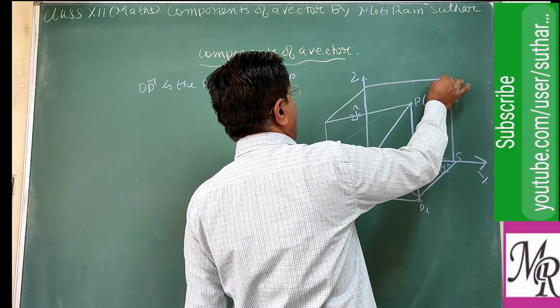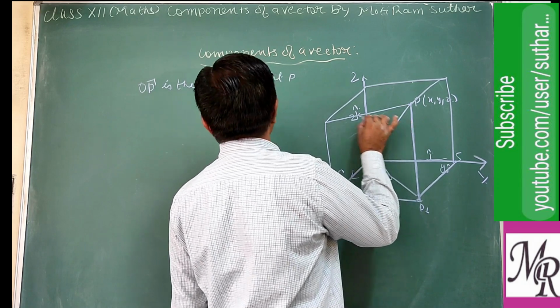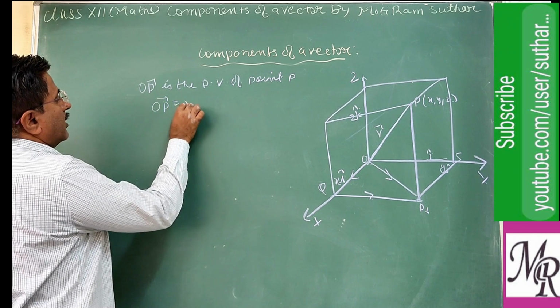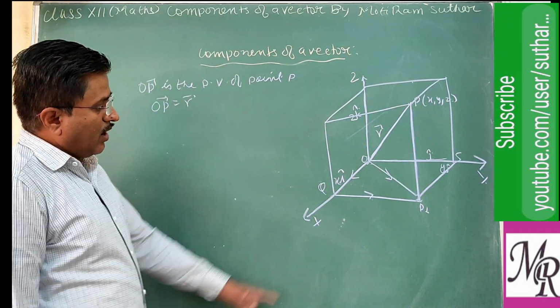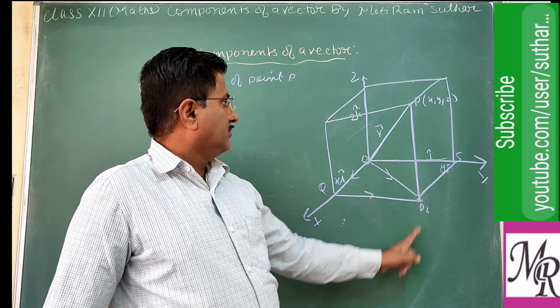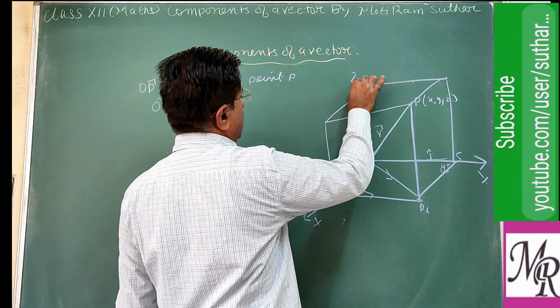Clear? Now we are drawing this position vector, which we generally represent as r. So vector OP equals vector r. Now in this OQP1, mark this point as R.